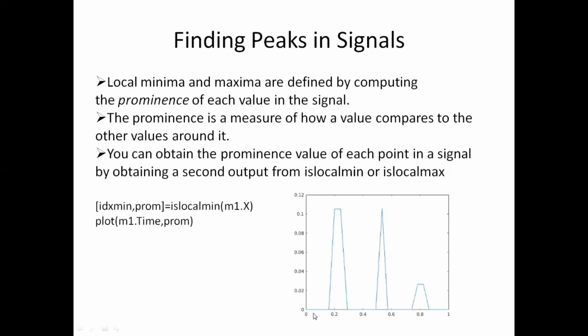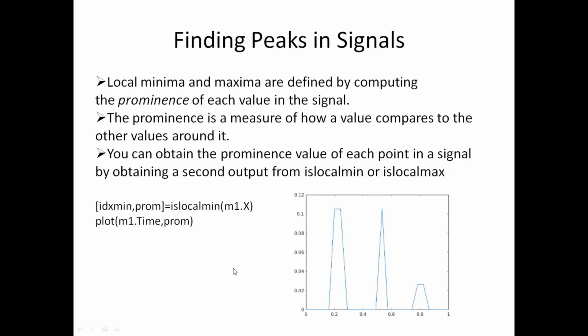There are three peaks that you can see in this graph. This corresponds to the three local minima points that we saw in the previous graph. Now if you look at these prominence values, two of them have a value greater than 0.1 and one has a value which is lower, close to 0.02.